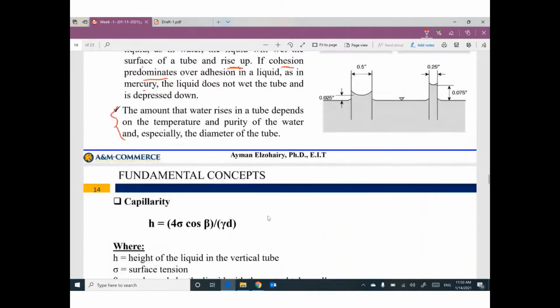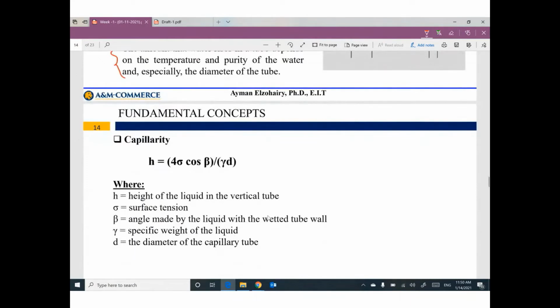However, we have a relationship between the height of liquid in the capillary tube and the surface tension, the diameter, the unit specific weight of the liquid, and the angle made by the liquid with the wetted tube, beta. This relationship: H equals 4 sigma cosine beta divided by gamma D.